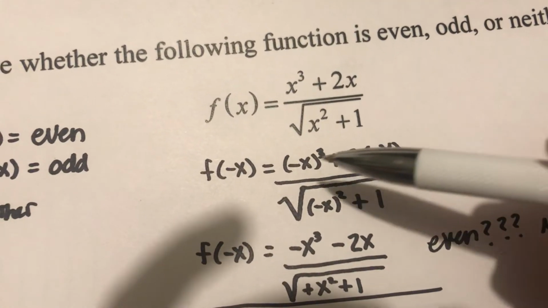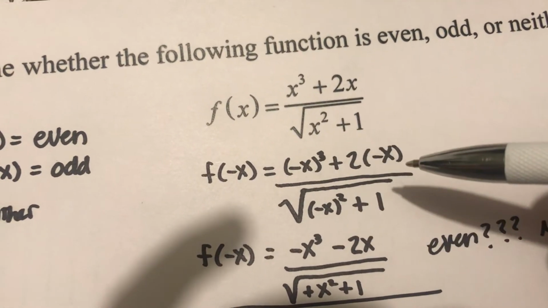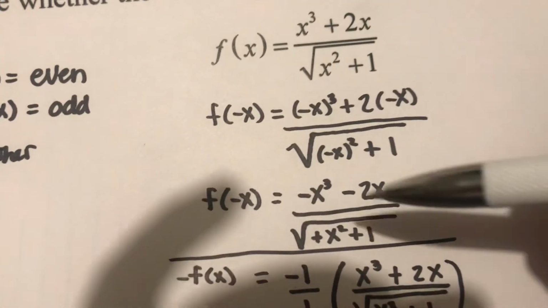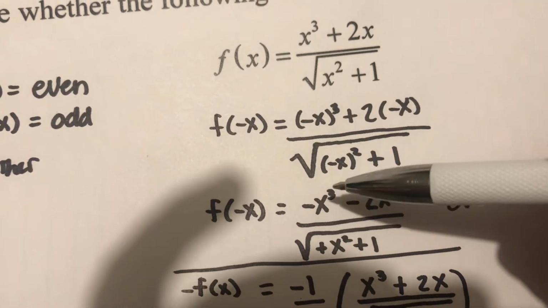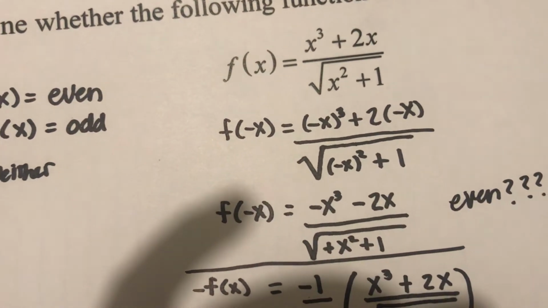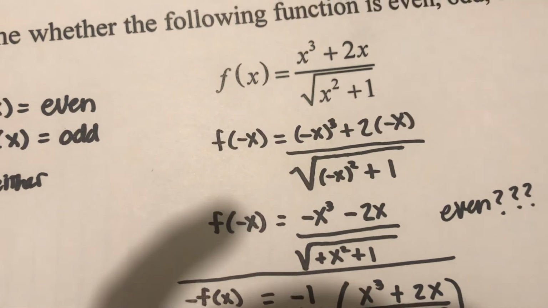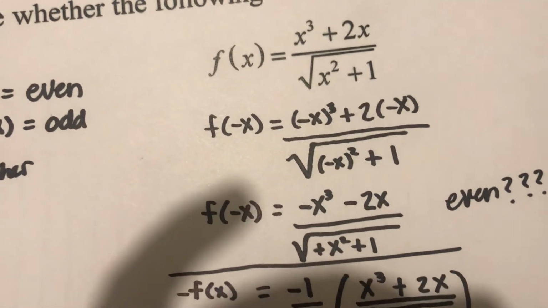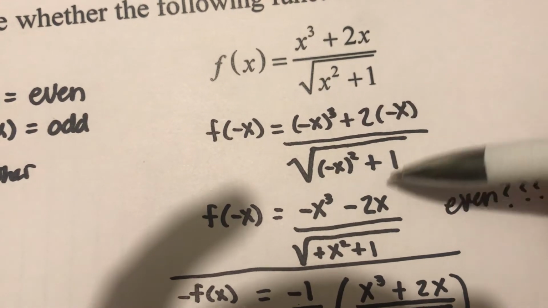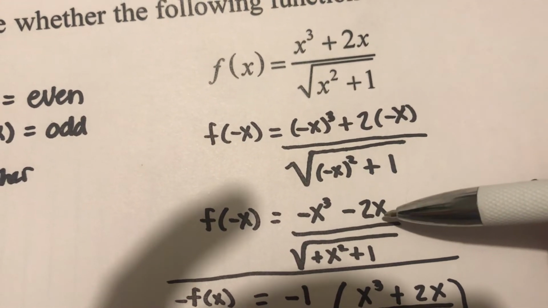We're now going to go ahead and distribute and simplify this equation to see if it's equal to f of negative x. So negative x cubed is still negative. That's because anything to an odd power will stay either positive or negative, depending on how it originated. 2 times negative x is equal to negative 2x.